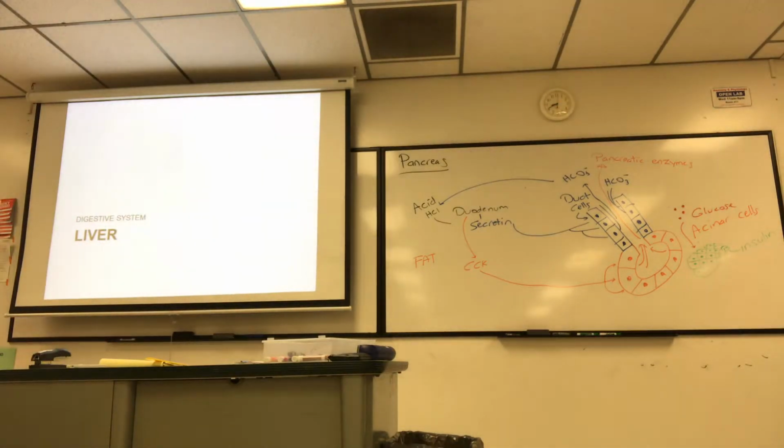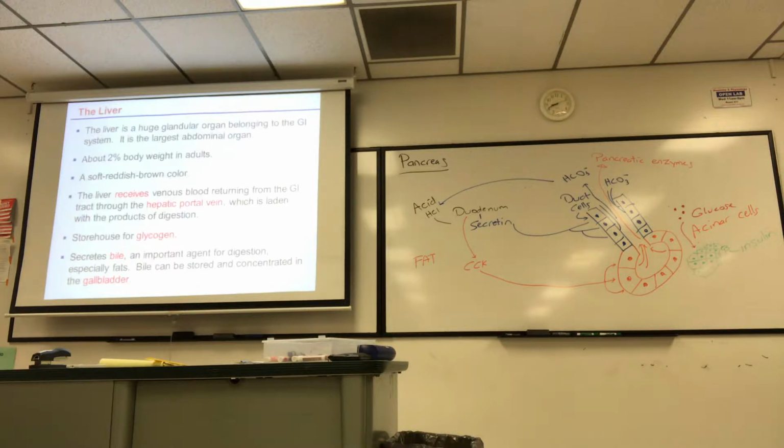I'm going to move on to the liver, the other major accessory organ of digestion, unless there are questions on the pancreas. Here are some facts about the liver. It's the largest solid organ of the body, about 2% of your body weight. It's always on the right side, right below the diaphragm.